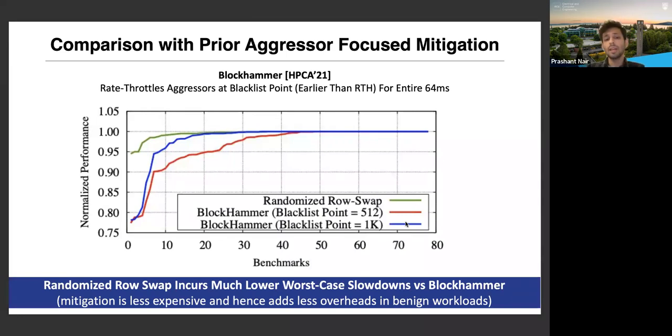Randomized RowSwap incurs much lower worst-case slowdowns as compared to Blockhammer, as the mitigation is less expensive. Randomized RowSwap does not need to throttle the access for these aggressor rows. In fact, they just need to swap these aggressor rows to new locations.